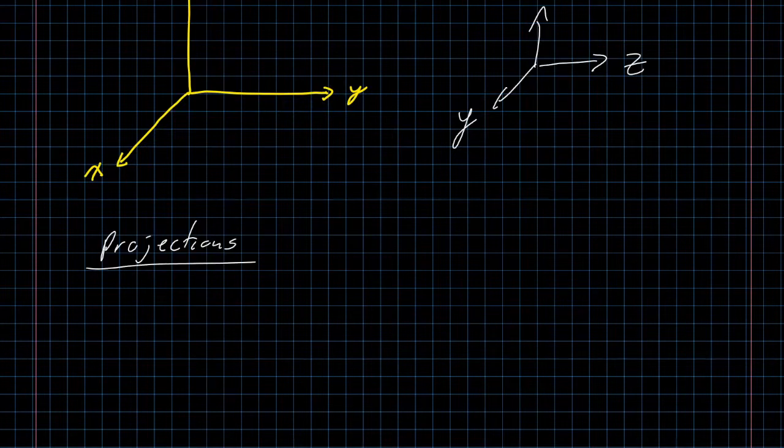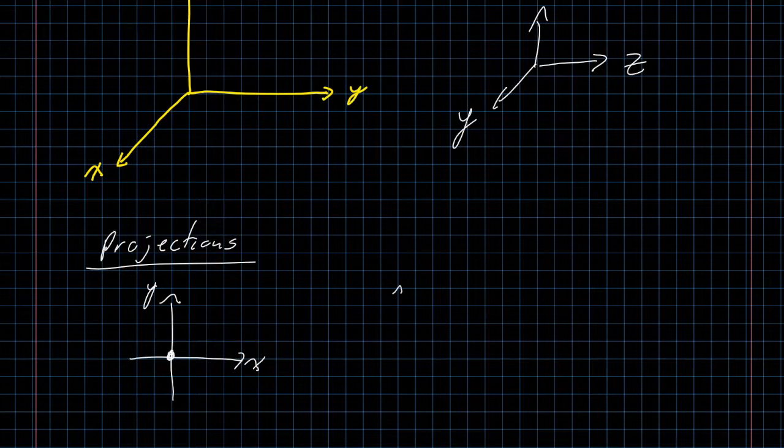Right? The other thing that we saw looking at this was the ability to look at projections. If we set up x and y, we had z coming right towards us.